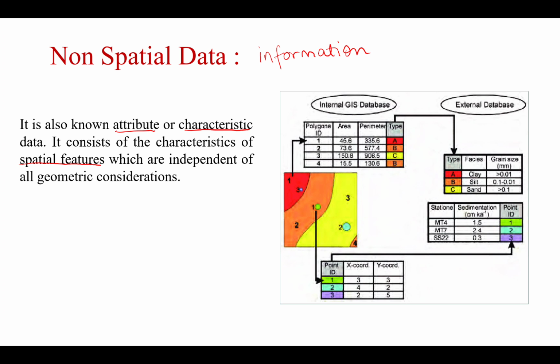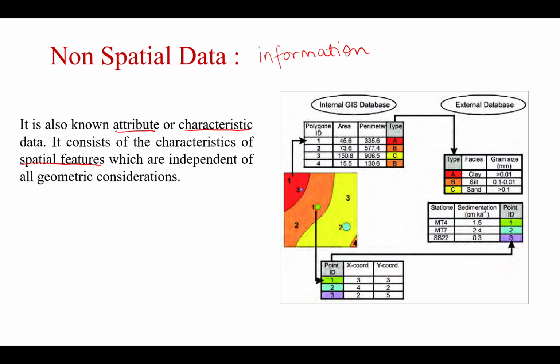For example, I spoke to you about a river in spatial data. That river may have a name, it will have a perimeter, it will have an area, the type of water, the purity of the water, the amount of sedimentation in the water, the amount of chemicals in the water. There can be multiple things and multiple characteristics.